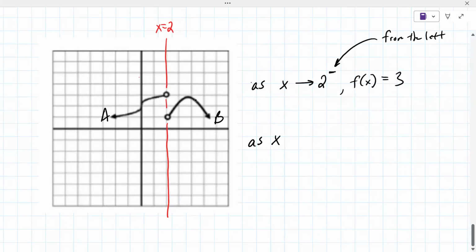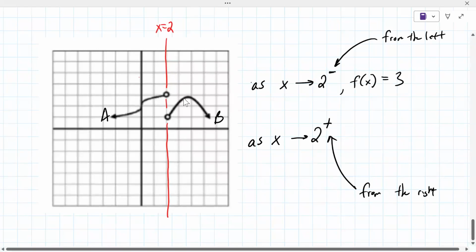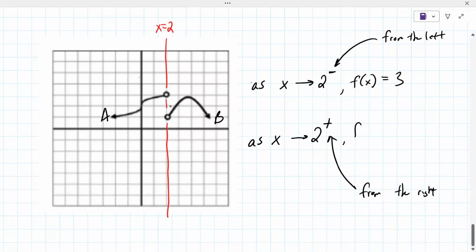And then we go the other direction as x approaches 2 from the right. So now we're coming from B. What does f of x approach? What's the y value? 1. So that is the middle behavior.